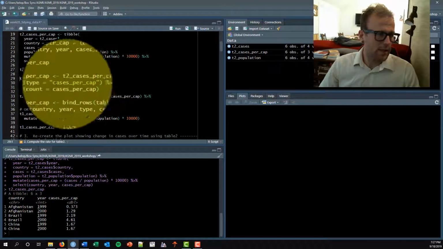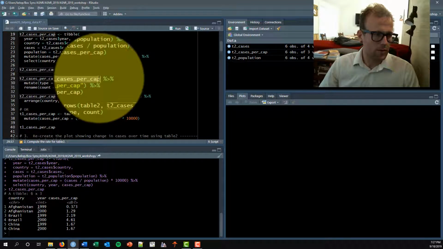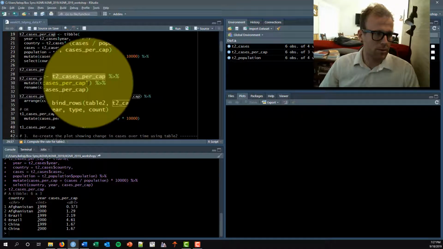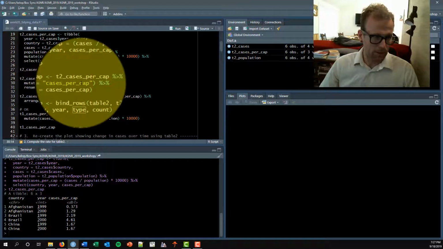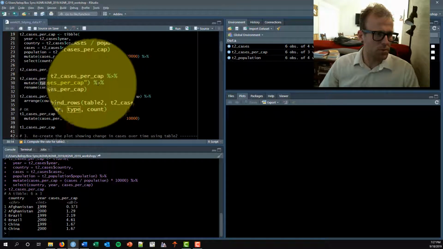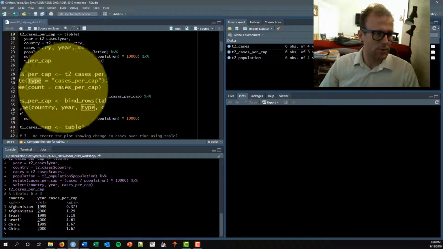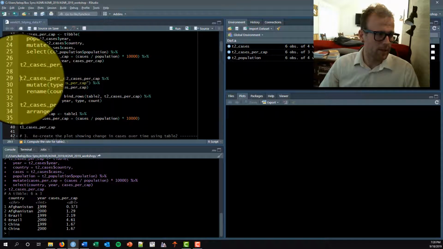To do that, we can take our T2 cases per capita, and we're going to start with the data frame as it is. We're going to use a pipe to push it through the mutate function to create a new variable called cases per capita, and then we're going to rename that as count, where the count values are equal to the cases per capita from our original data frame.